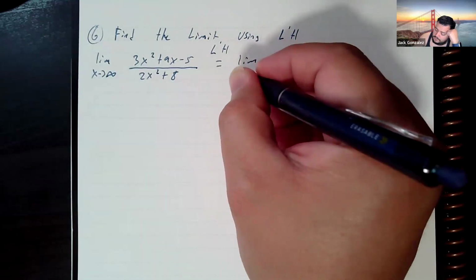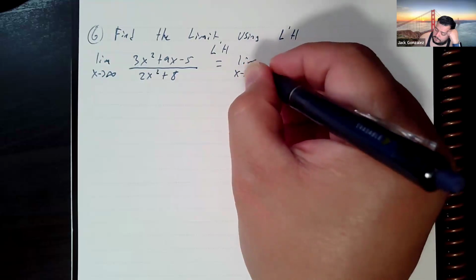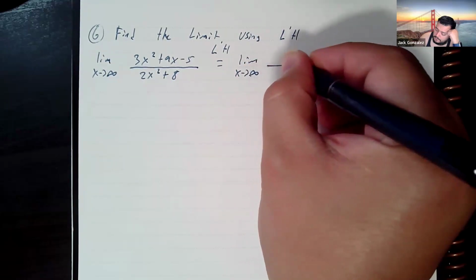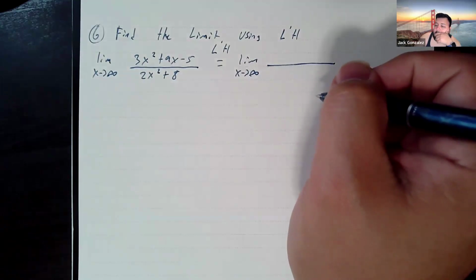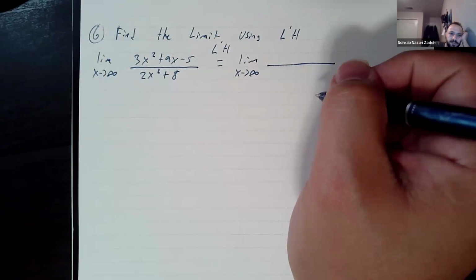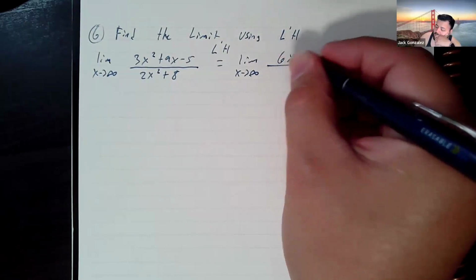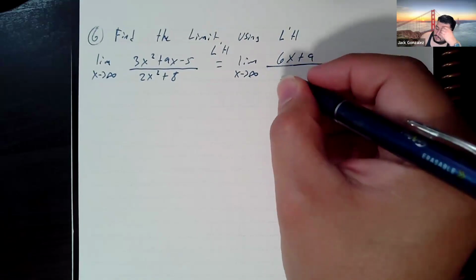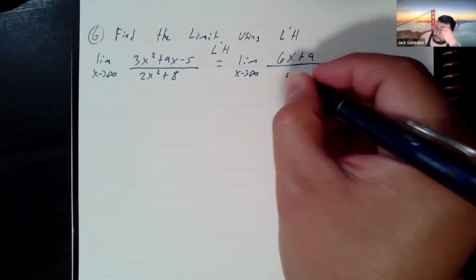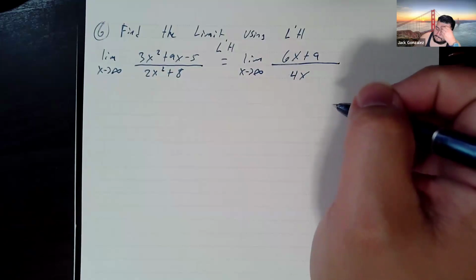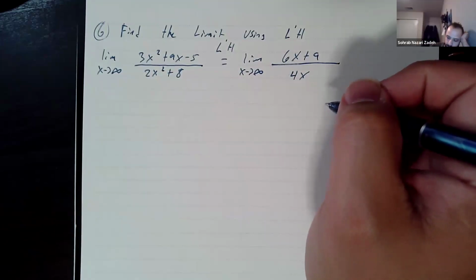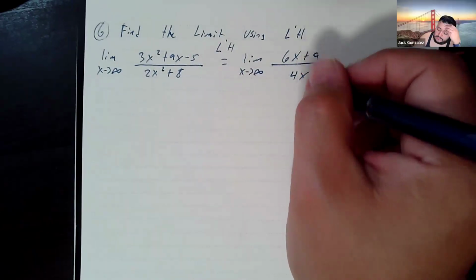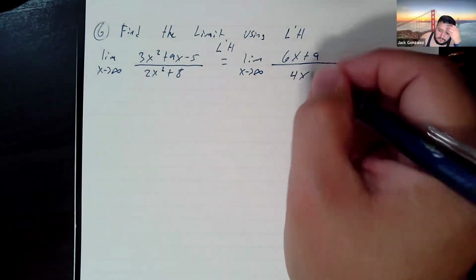What is the derivative of the top? 6x plus 9. Bottom will be 4x, right? Yes, sir. Now notice I still can't take the limit because it'll still be infinity over infinity, right?